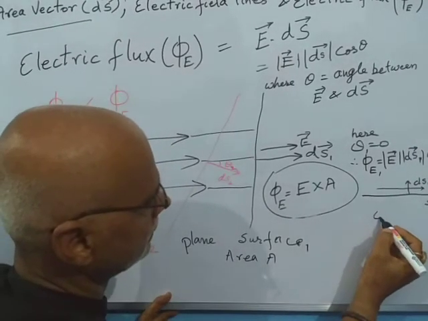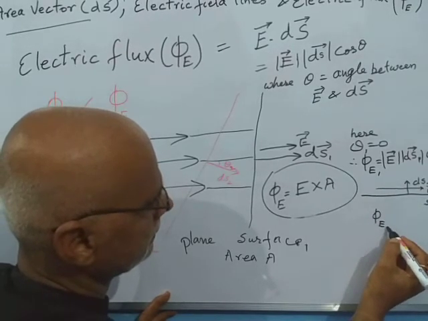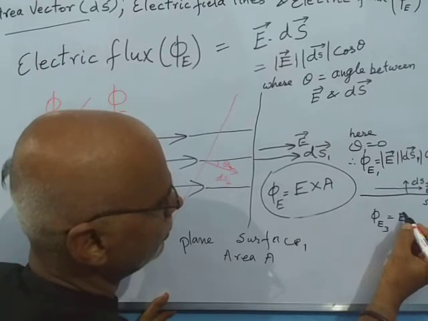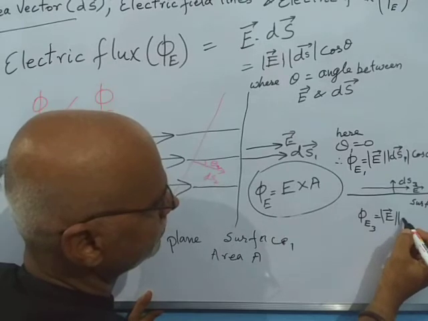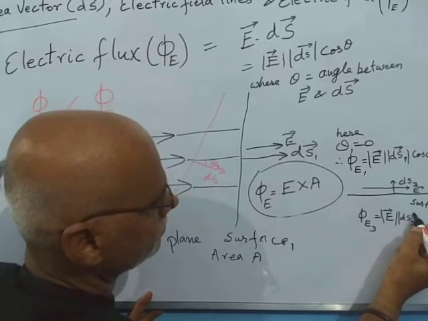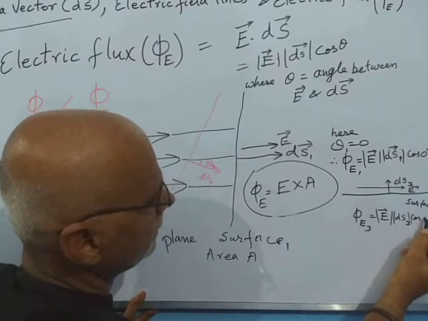Therefore, phi E3 will be magnitude of E, magnitude of the area vector, into cos 90 degrees.